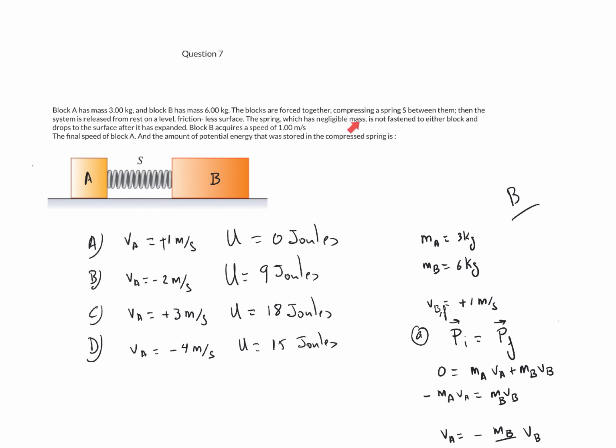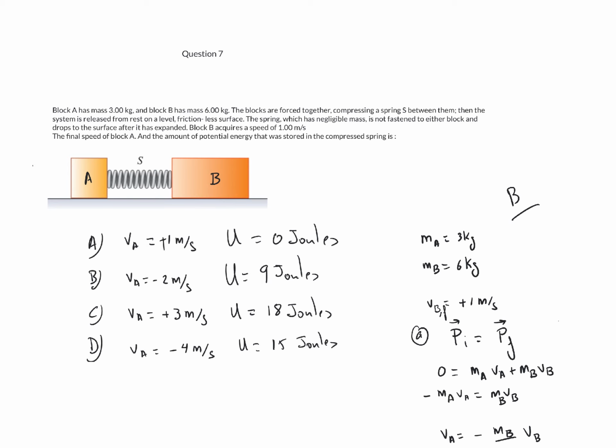The spring has negligible mass and is not fastened, so they are compressed, and after the release of the spring, block B will be moving to the right, and block A will be moving to the left. All the energy that is stored here will be transformed into kinetic energy.